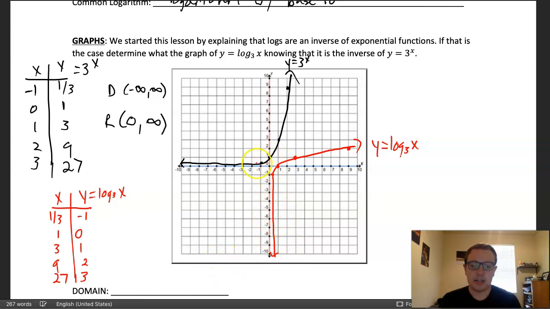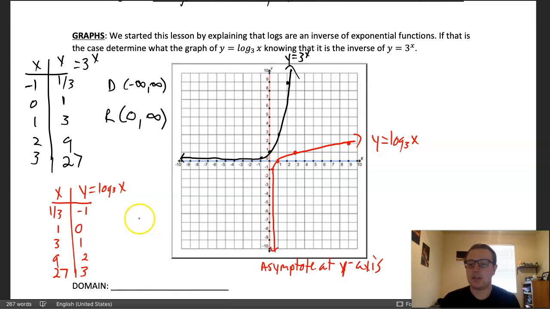And looking at it, because we had an asymptote at y is equal to 0 for our original function, for our inverse, that's going to flip to x. So we're going to have an asymptote at the y-axis, meaning that our function will get closer and closer to x equaling 0, but it will never actually touch it.